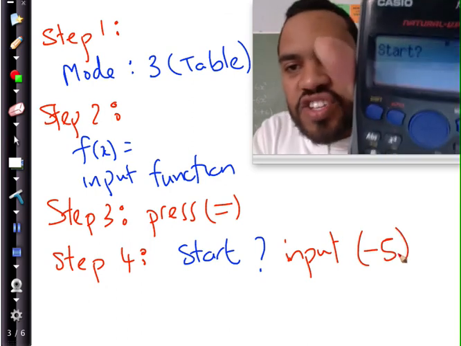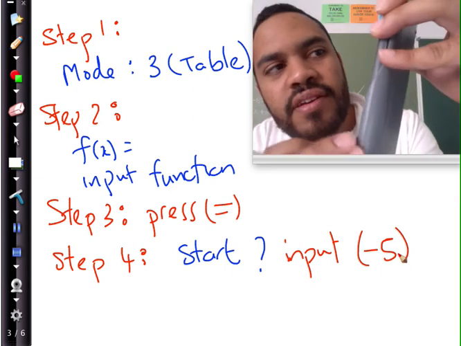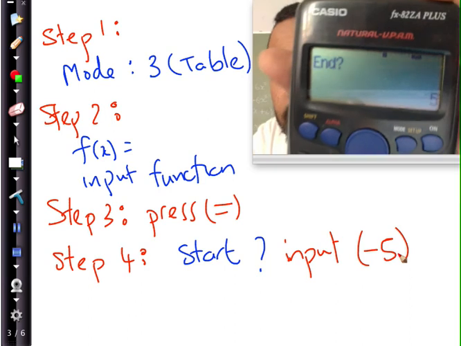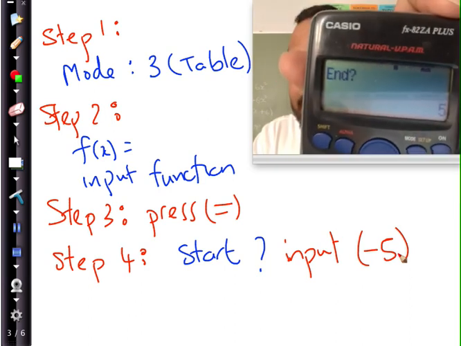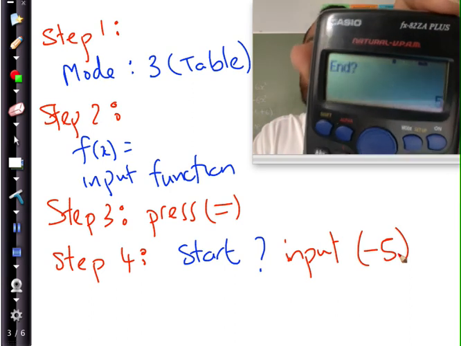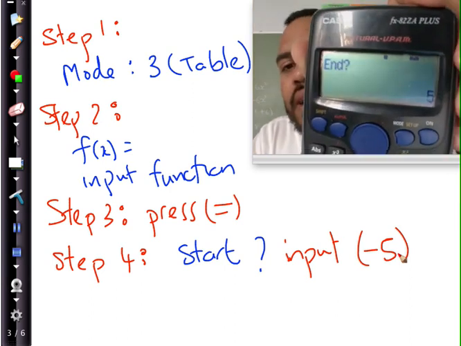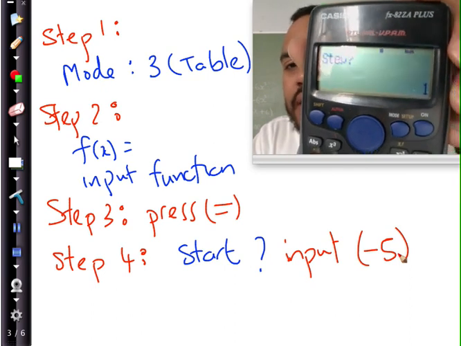So when it says start, you just press negative and then 5, and then you press equal to. Now, why are we putting 5? I'm going to explain that in a moment. And then it says end. It's going to give you positive 5 because you started at negative 5. Now you can press equal to again for the end.